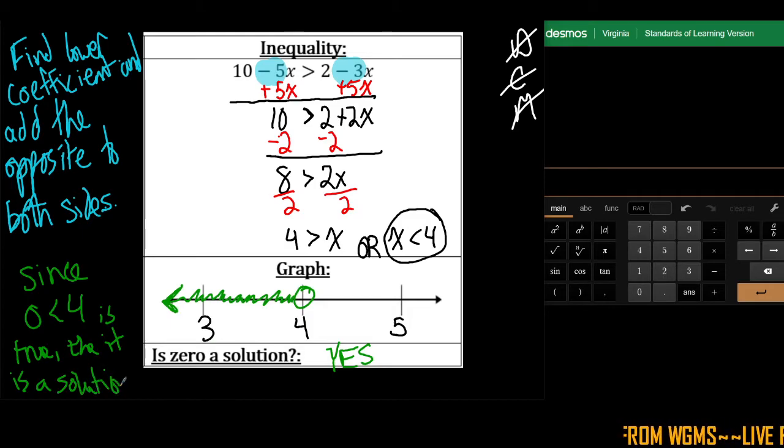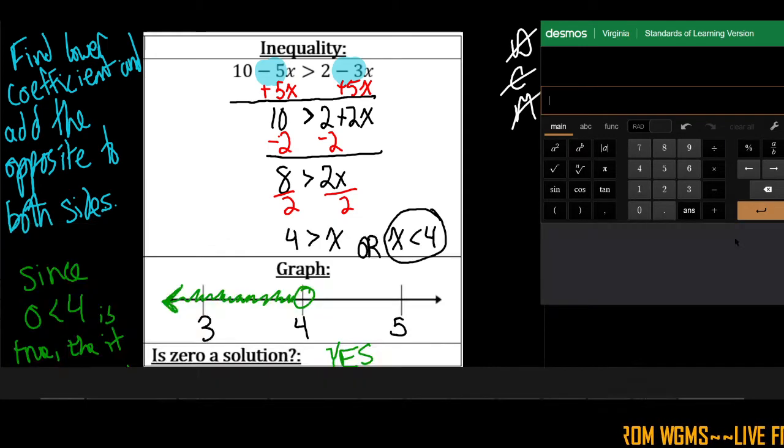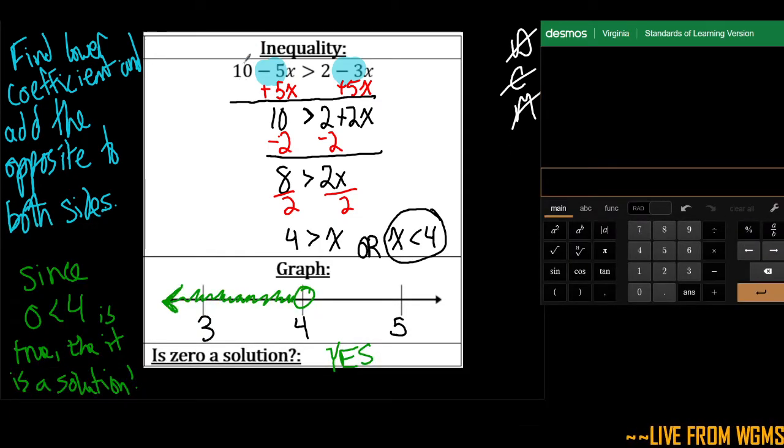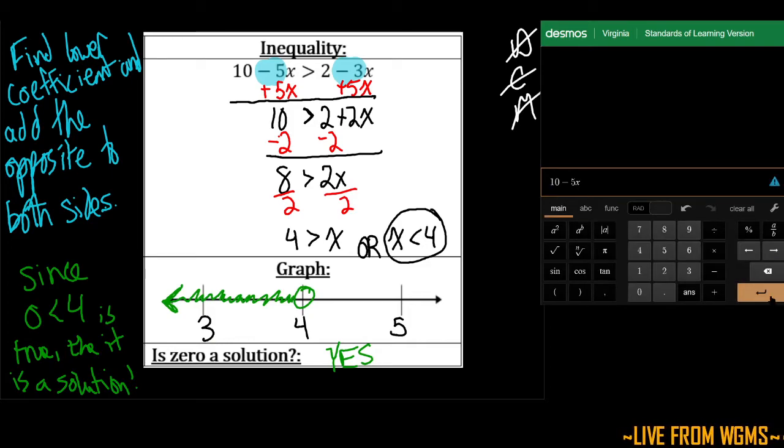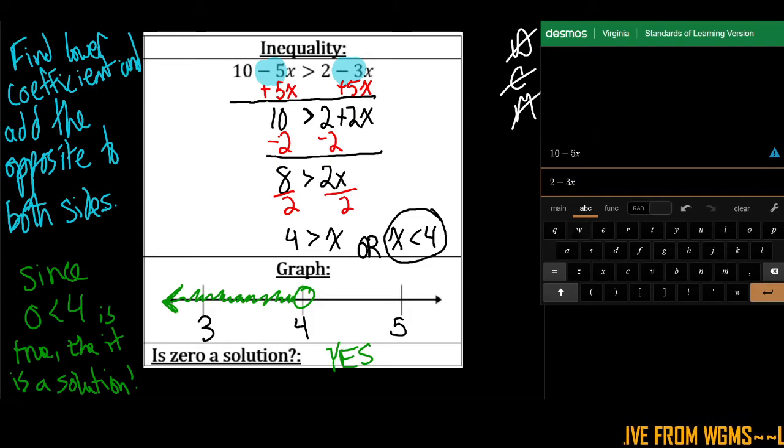It is a possible solution. Again, we can always check and make sure we have it in here. So again, I can check using that Desmos Calculator, type it in exactly as it looks. We have our left side as 10 minus 5x, and we're saying that the left side has to be greater than the right side, which is 2 minus 3x.